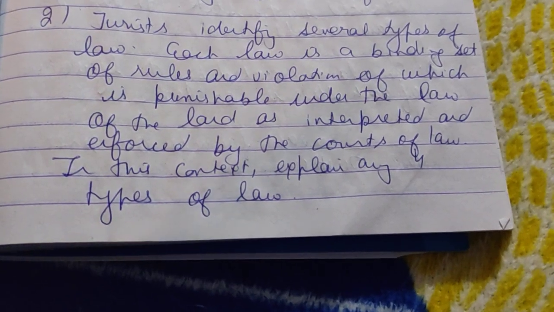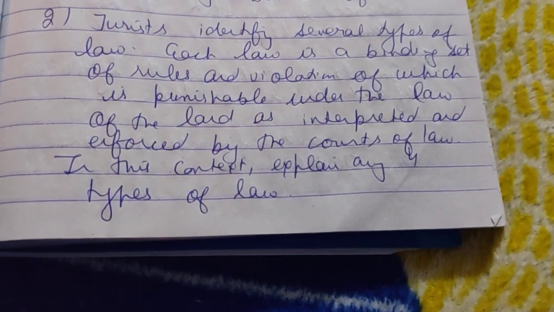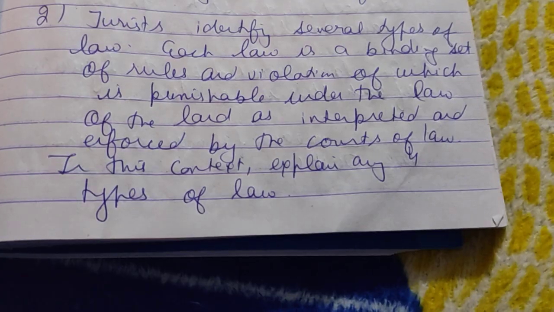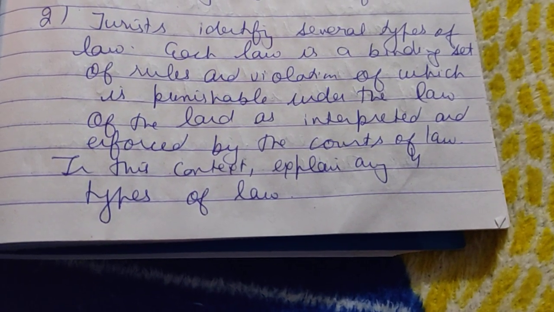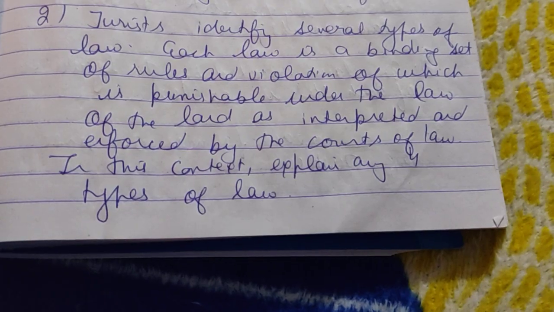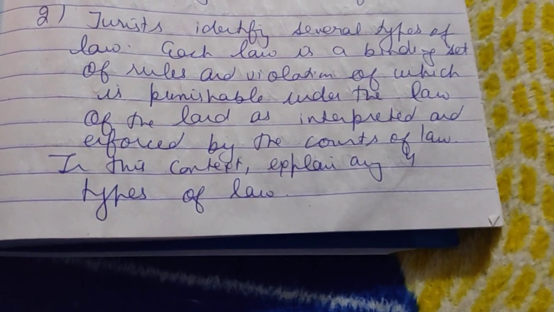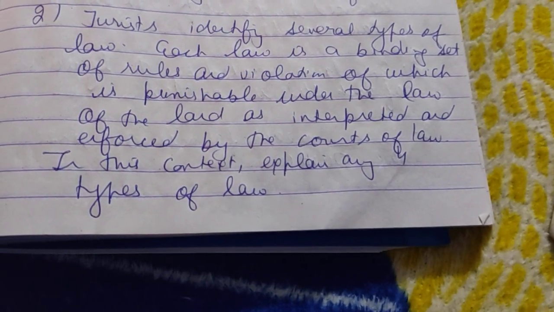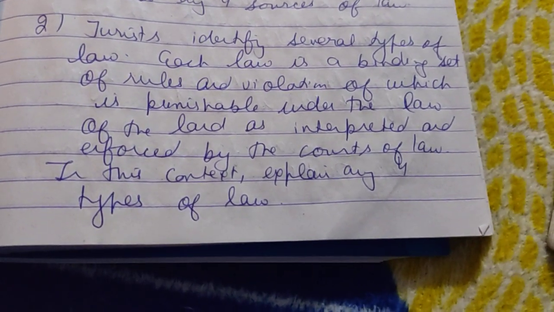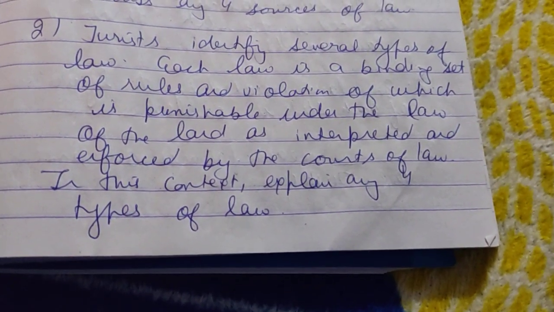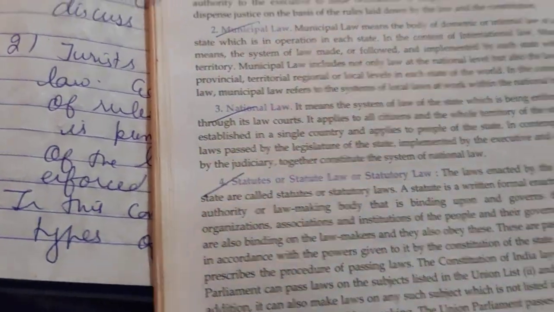So in this context we are to explain any four types of law. The answer to this question is given on page number 5.6 and 5.7 of our book. Now we shall revise this topic.